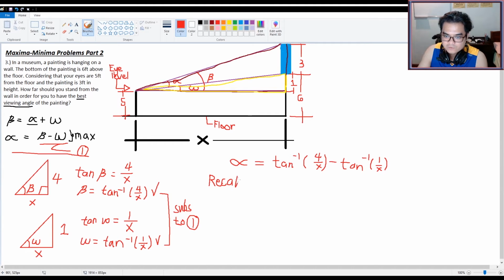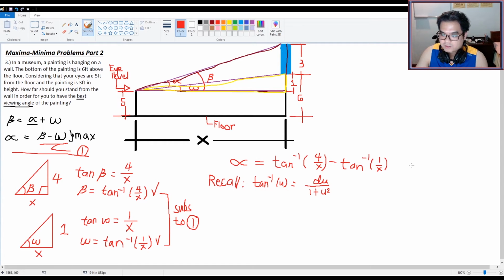What is the derivative of those? If you recall, the derivative of arctan u will be equal to du over 1 plus u squared.